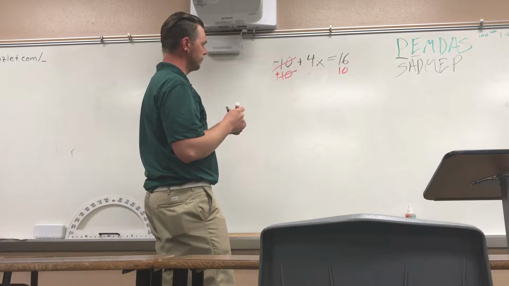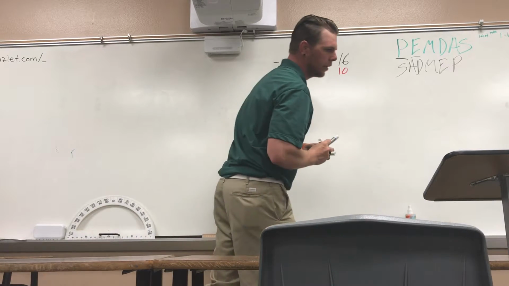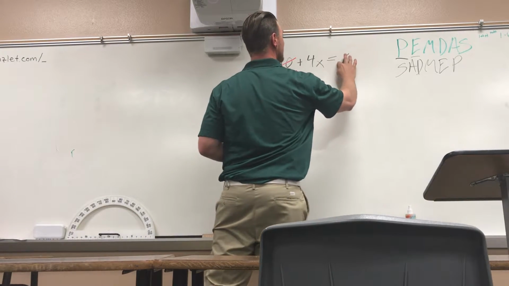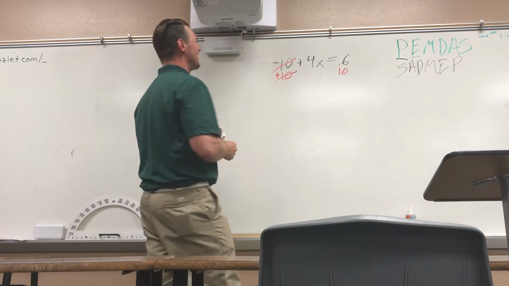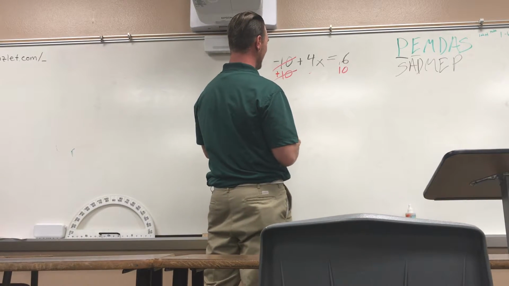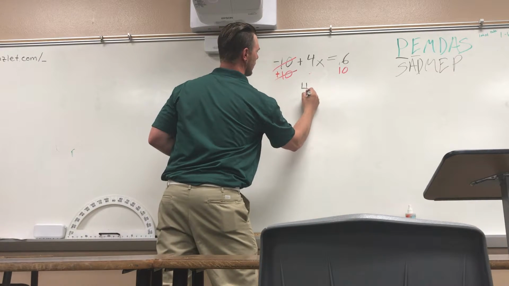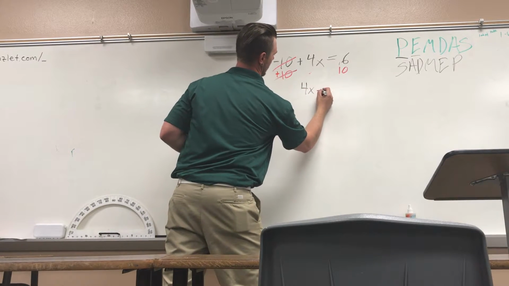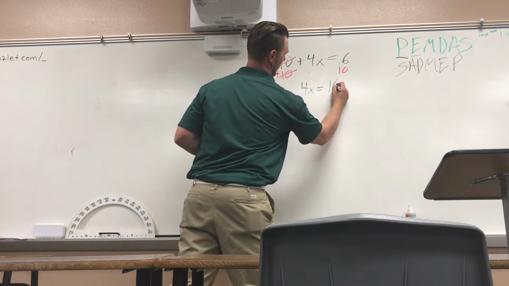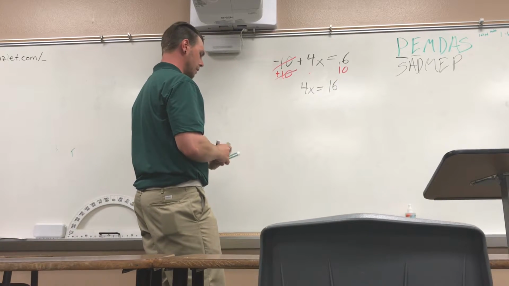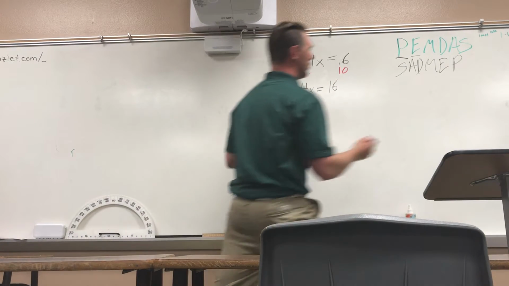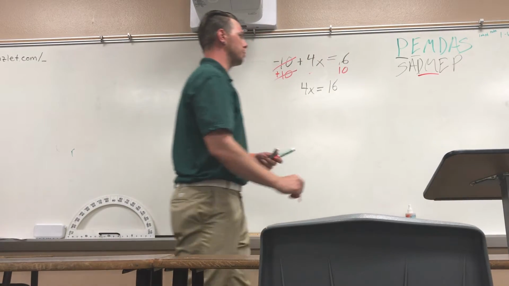All right. And this was actually supposed to be 6. So, my mistake, but we'll keep going. So now we got 4x equals 16. All right. Now the next thing that we have to do, divide or multiply.